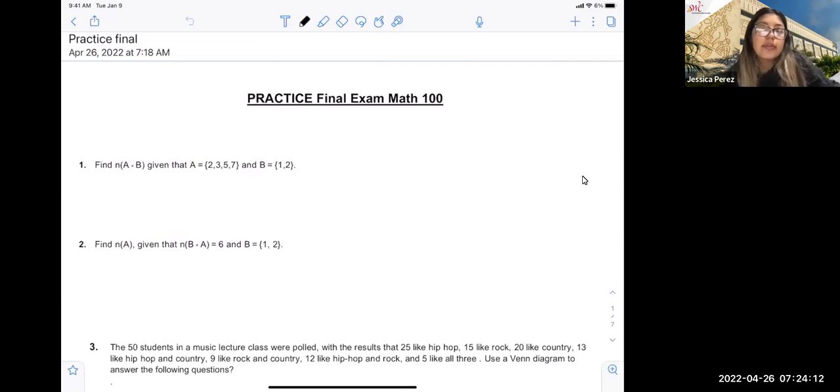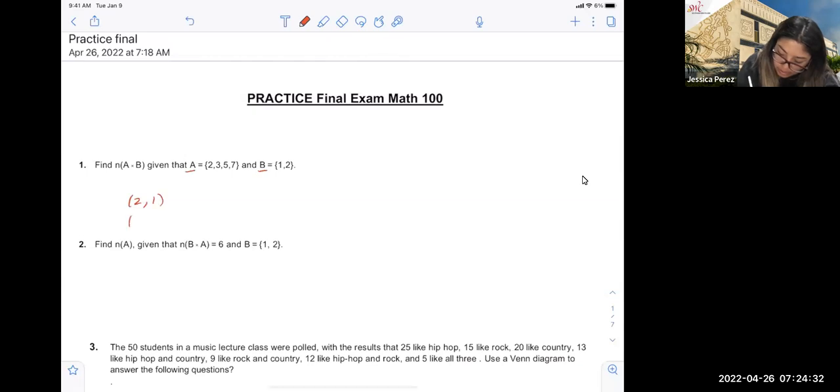Given that you have the cardinality of A cross B, given that A is equal to 2, 3, 5, and 7, and B is 1 and 2. Remember, the cross product is of A and B. You have 2, comma 1, 2, comma 2, your combination between these two.